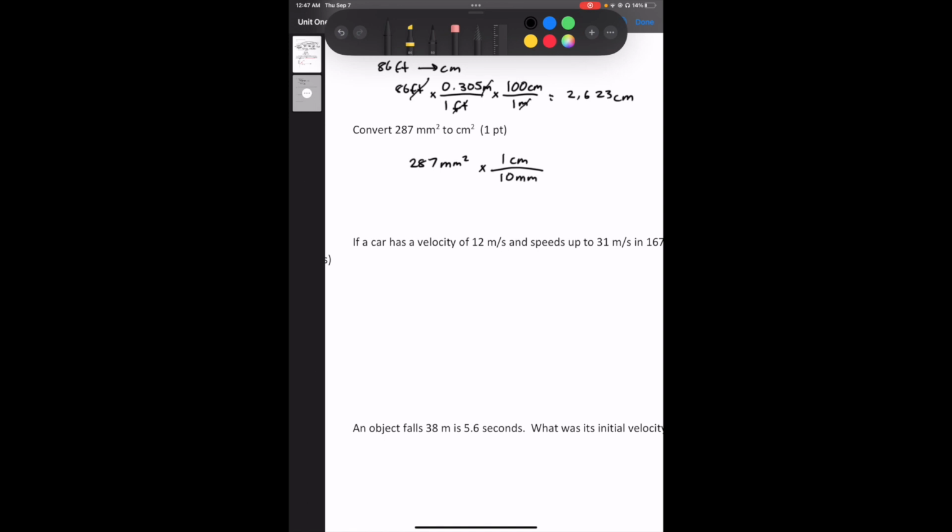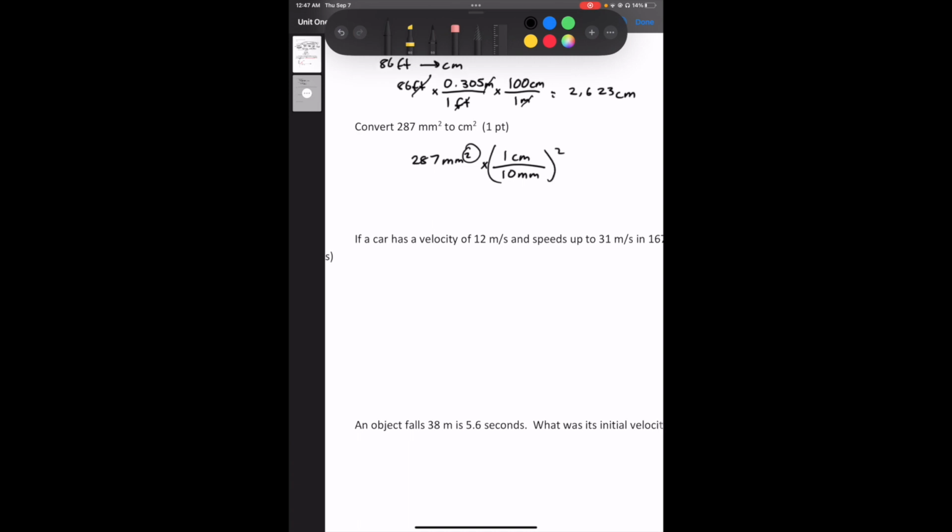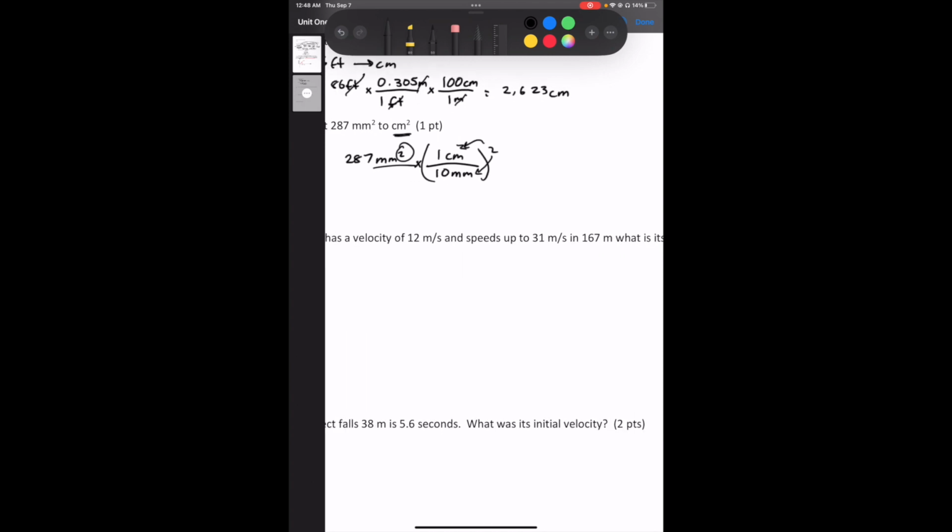But since this is squared, we must also square this, so we can have millimeters squared on the bottom to cancel out this millimeters squared. And we'll also be left with centimeters squared, which is what it's asking for. So if we go ahead and do the math here, we will be left with 2.87 centimeters squared. And there you have it.